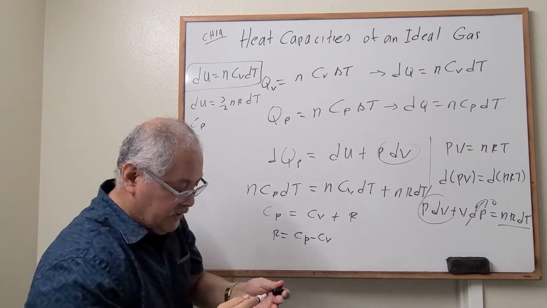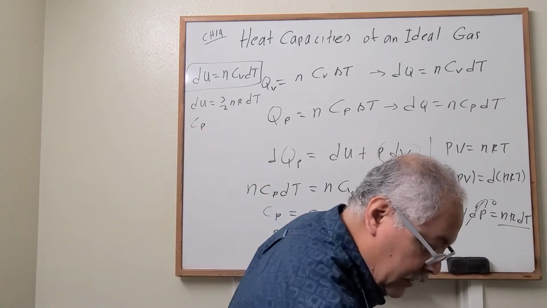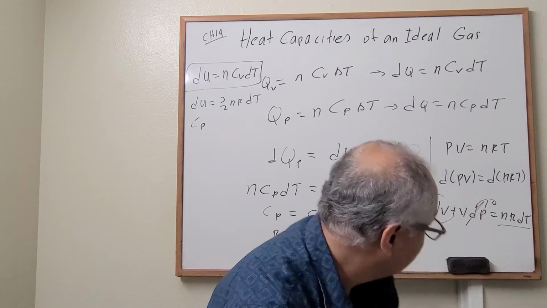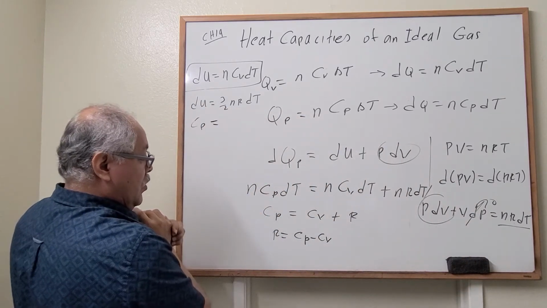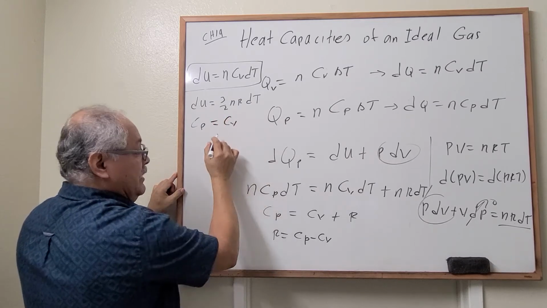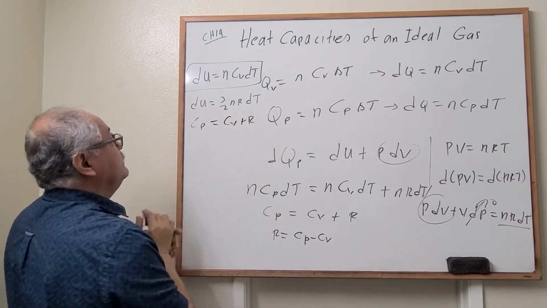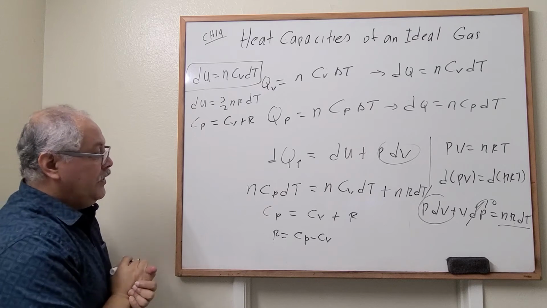This relationship, I need a new marker. Okay, a new marker. It's going to be Cp equals Cv plus R. Perfect.